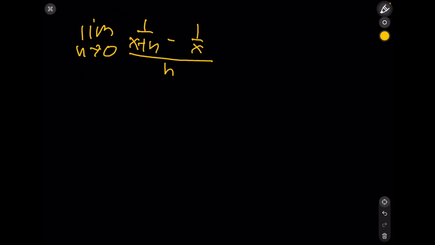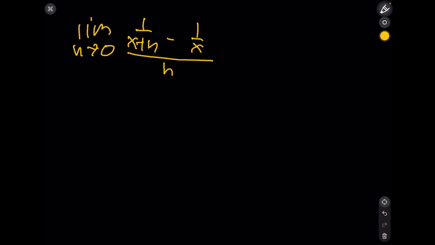So if you remember from Algebra 2, I believe, how to subtract rational functions, we need a common denominator, so we have to multiply the denominators with everything.